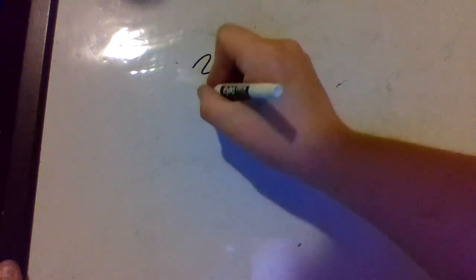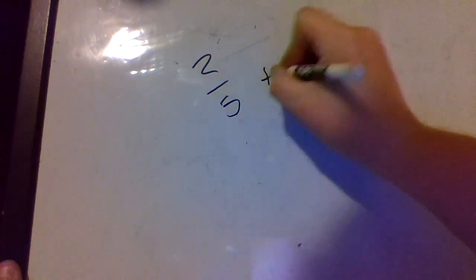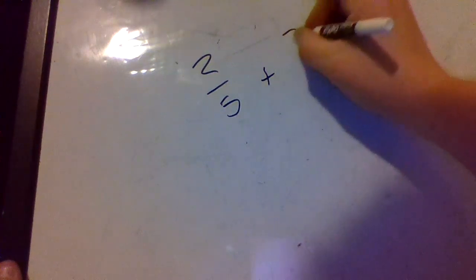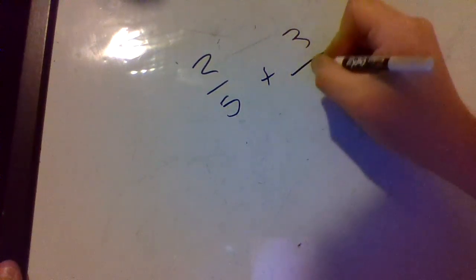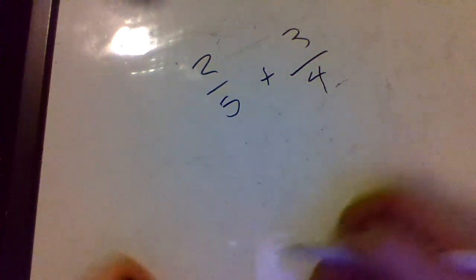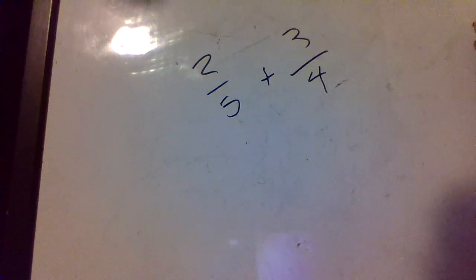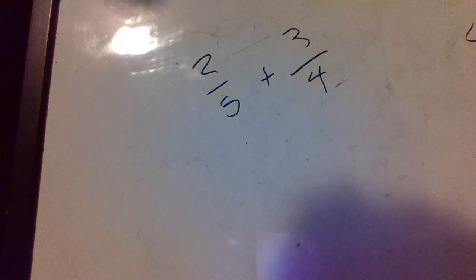So 2/5 plus 3/4. Alright. So our first step, we got to find a CD or common denominator.